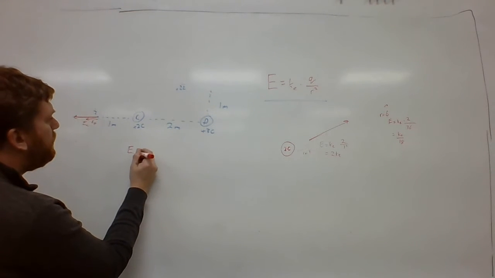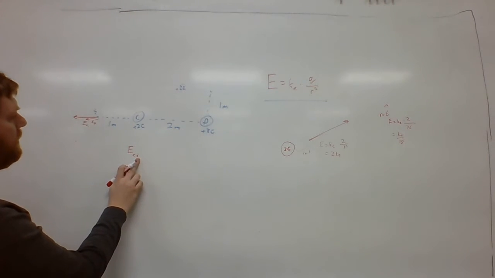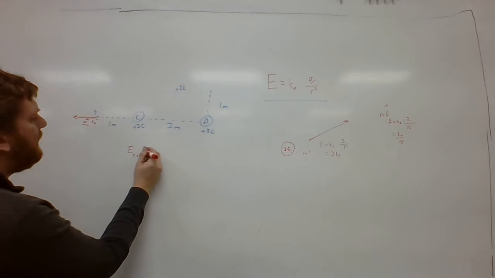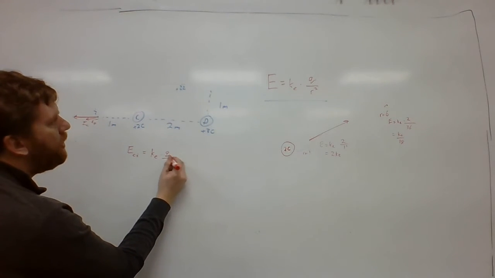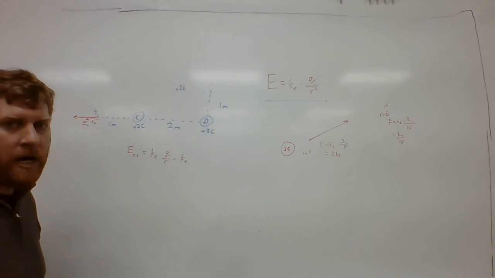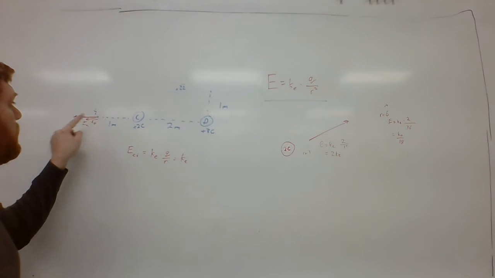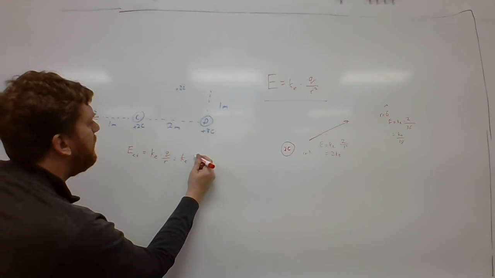So the magnitude of the electric field due to C at point I is equal to K sub E times Q, again over R squared, equals K sub E times Q. Q is going to be our source charge. C is the source of the electric field due to C, so we'll make it 2.